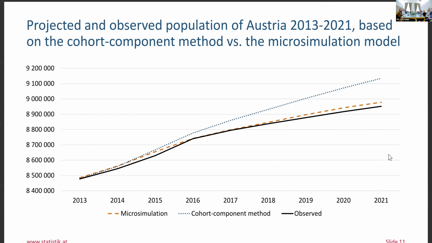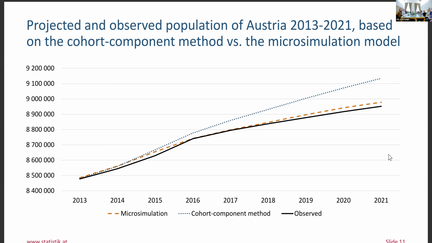So what you can see is the black line is the observed, the dashed orange line is our simulation, and the dotted blue line is the standard cohort model. And we can see that before 2015, 2016, both models give roughly the same values. There is only a small difference, but this changes after 2016.